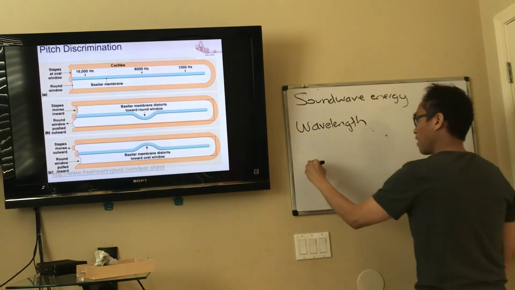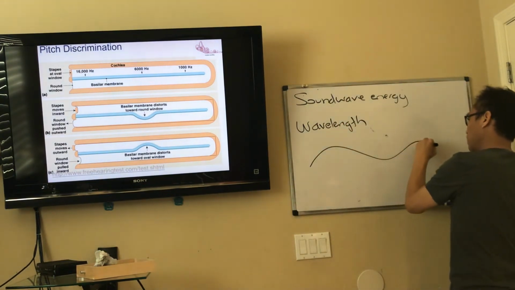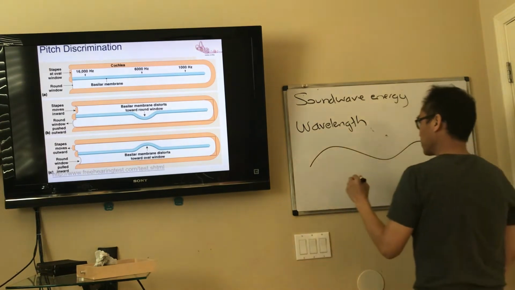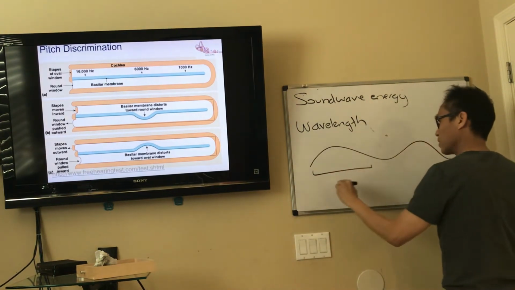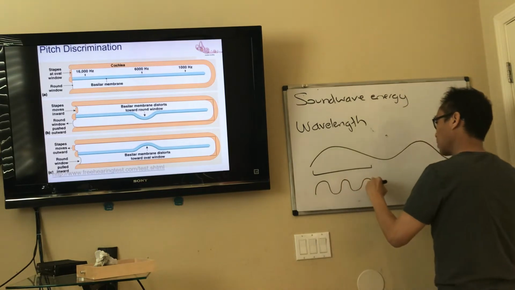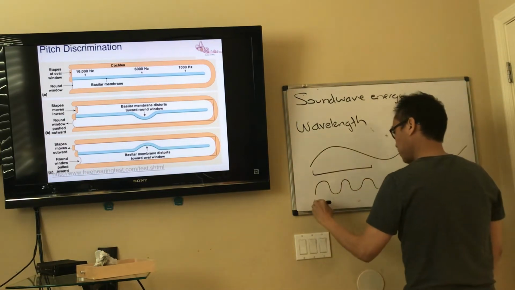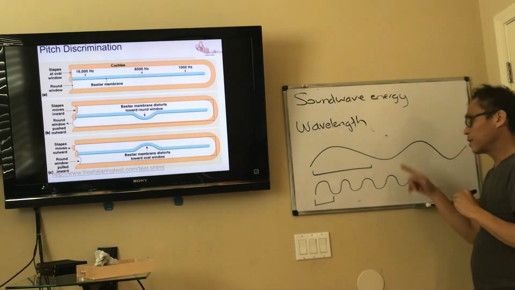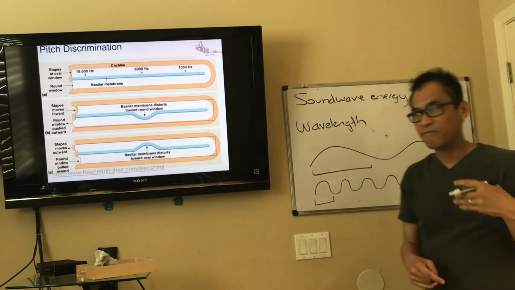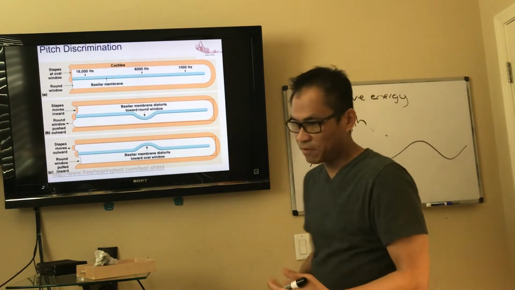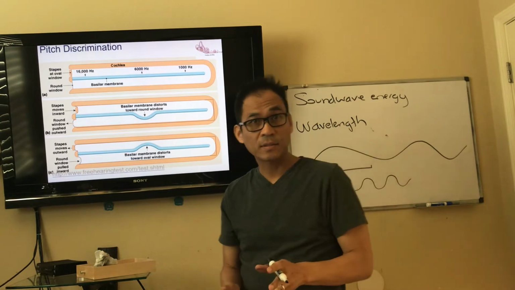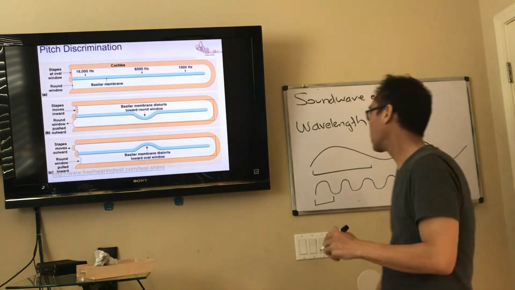Wavelength is like if you have large waves, say from there to there, versus short waves from there to there. These longer waves have less energy and we perceive them as lower frequencies, like bass.